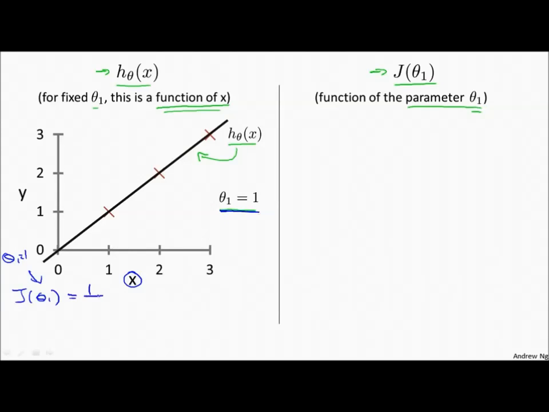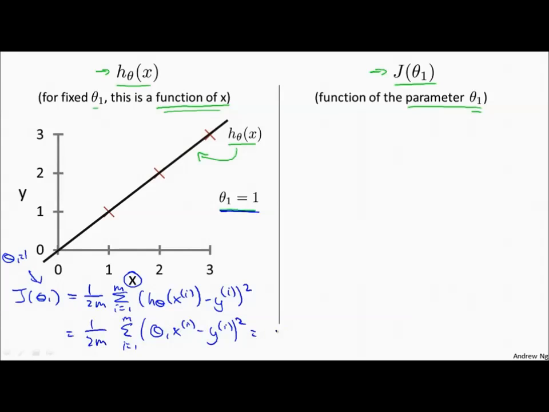Well, as usual, my cost function is defined as follows: the sum over my training set of the usual squared error term, theta 1 times x i minus y i, squared. And if you simplify, this turns out to be 0 squared plus 0 squared plus 0 squared, which is, of course, just equal to 0.